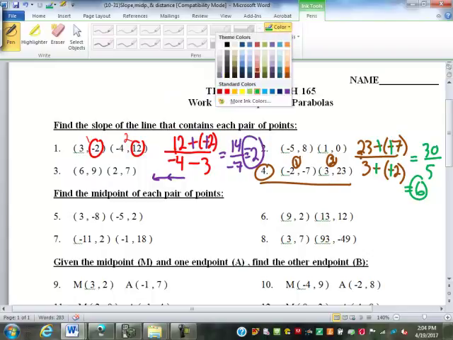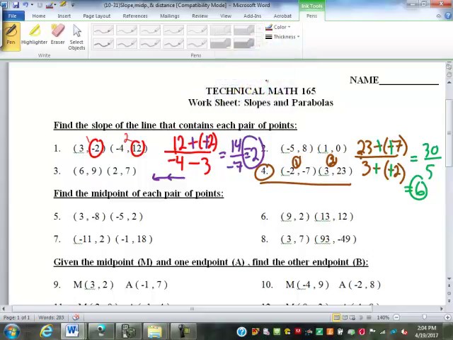Midpoints. If you remember midpoint, we average together the x-coordinates and we average together the y-coordinates. So let's look at number 5 here. To find the x-coordinate, what 2 numbers are we going to average together? Perfect. 3 and negative 5.